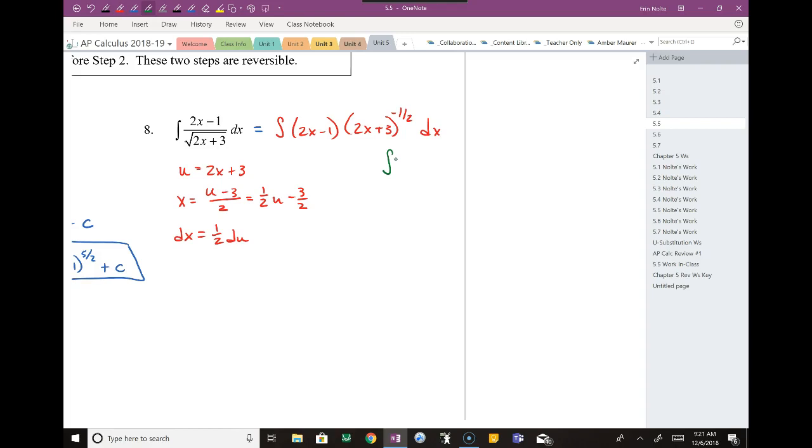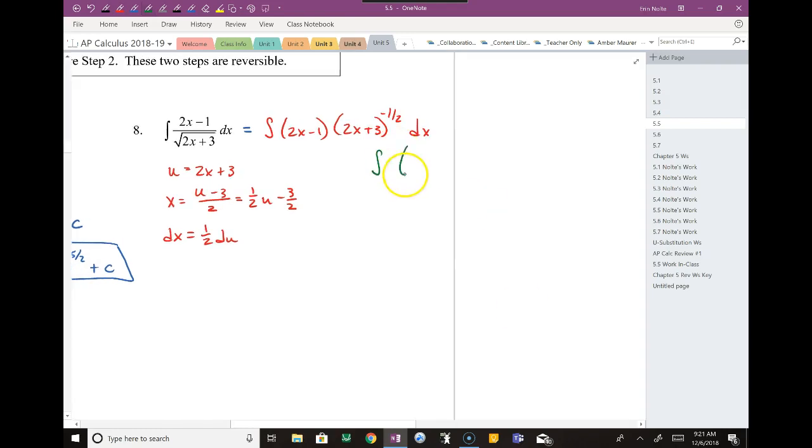It doesn't matter, these two are equivalent. I'm going to use this one just because it's going to look nicer. I noticed there's a 2 in the front already, so that'll get rid of the 2 here. So I'm going to put this one into that x. Okay, so we're going to have 2 times u minus 3 over 2, minus 1.